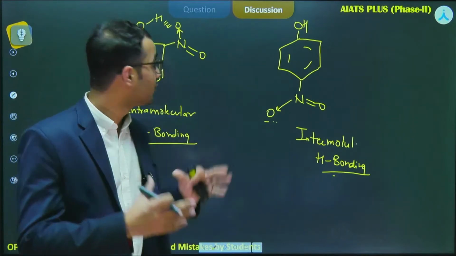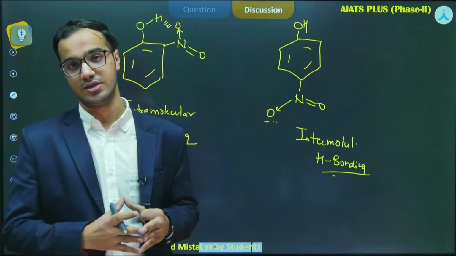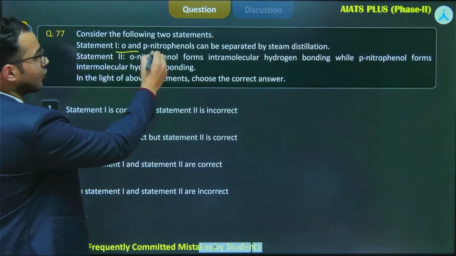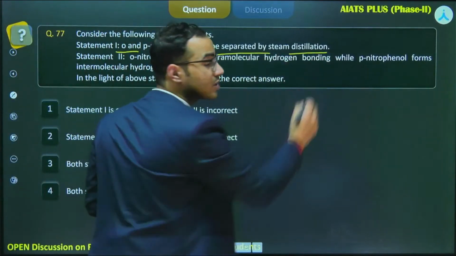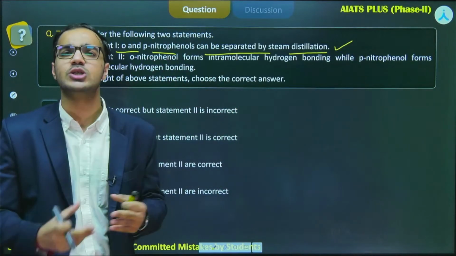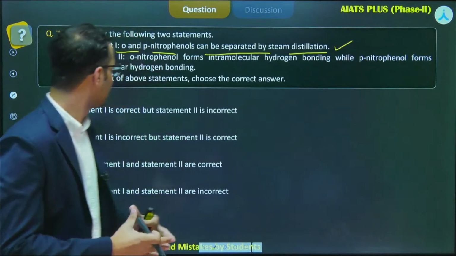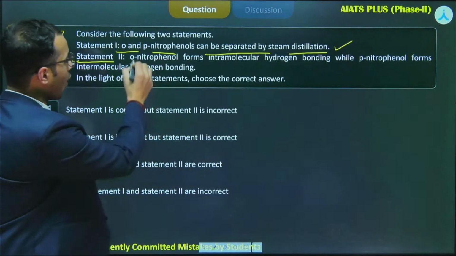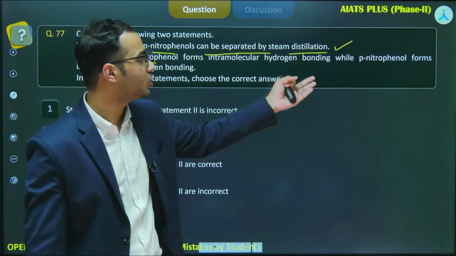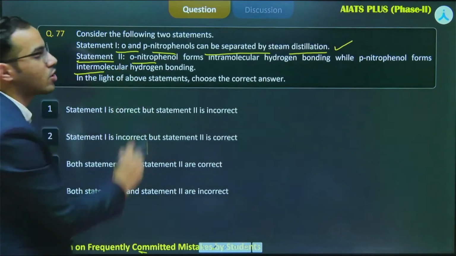What can we say? We can say that they can be separated by the method of steam distillation. So orthonitrophenol can be separated by steam distillation, based on the boiling point difference. Okay, let us move to the next statement. What does it suggest? Orthonitrophenol forms intramolecular hydrogen bonding. Yes, it can show that, while paranitrophenol can show intermolecular hydrogen bonding.